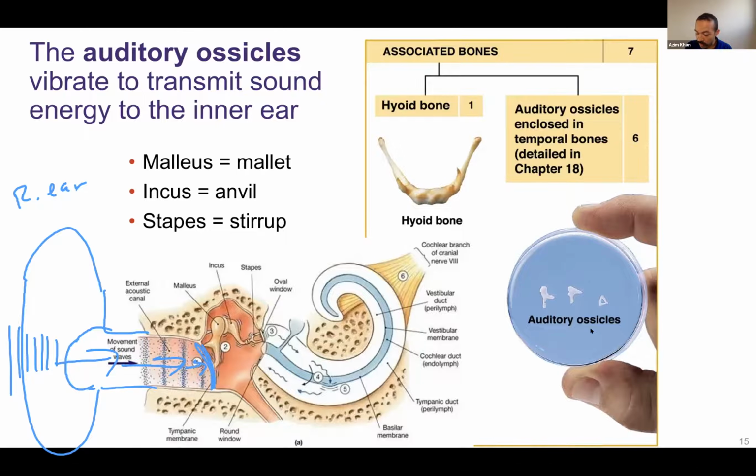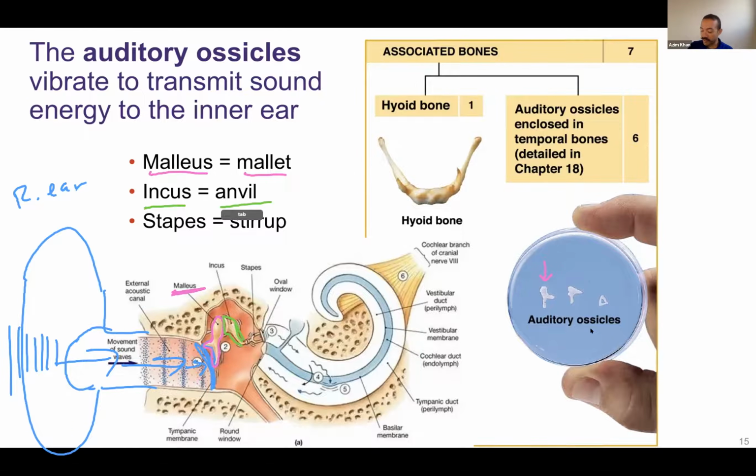The first bone, the most lateral, which I'm going to color in pink, is the malleus. Malleus means mallet. It's mallet shaped. You can see here, kind of like a little mallet. The middle intermediate bone, which I'm going to color in green, is called incus. Incus means anvil.